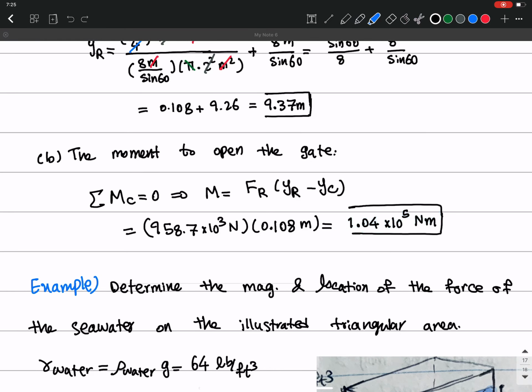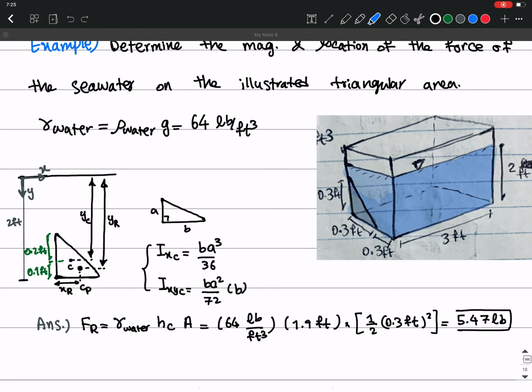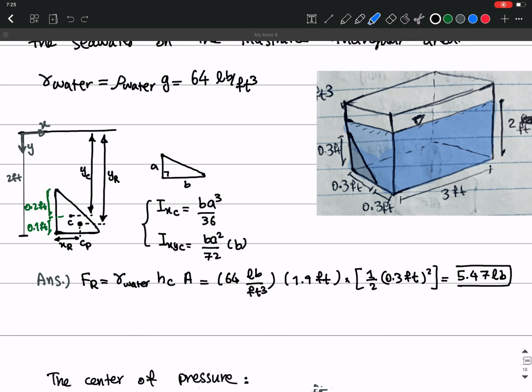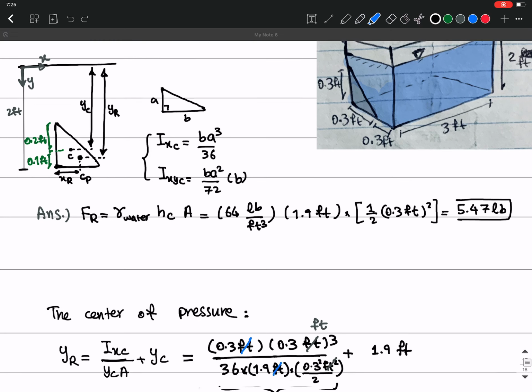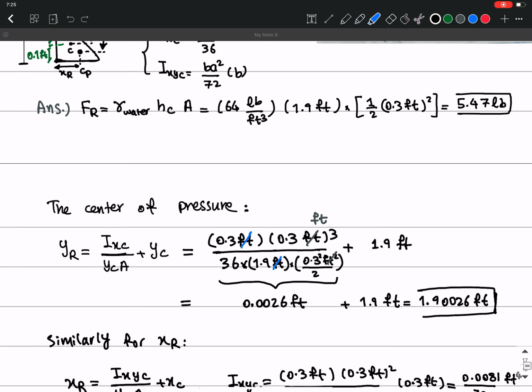And then the second question was about calculating the magnitude and the location of the force on this triangular shape here. The magnitude is easy. It's going to be gamma HC A, which we calculated. And for the location, we're going to calculate the center of pressure using these formulas again.